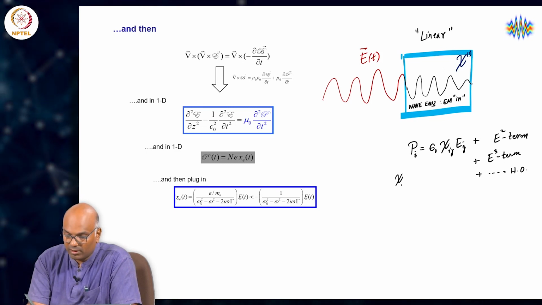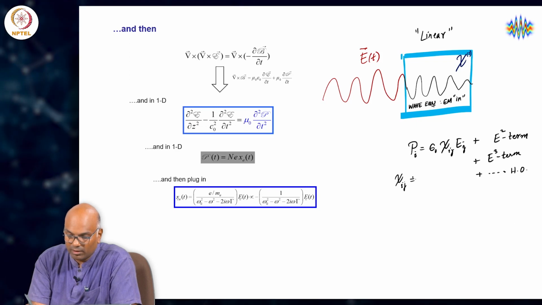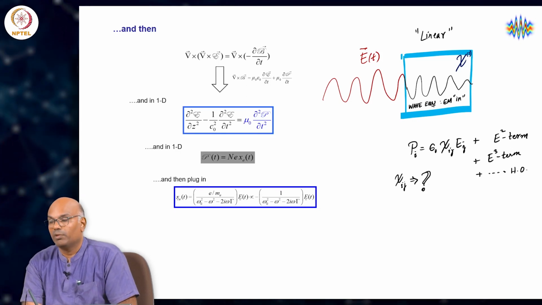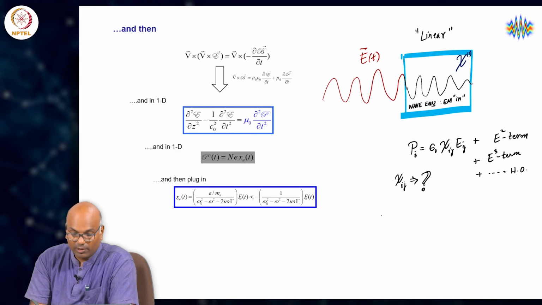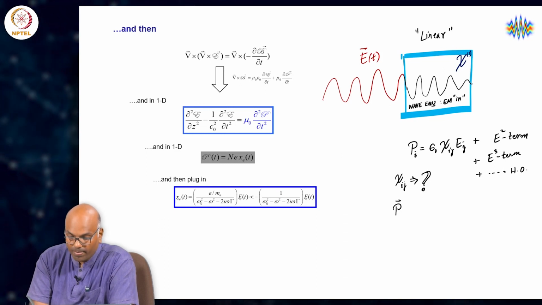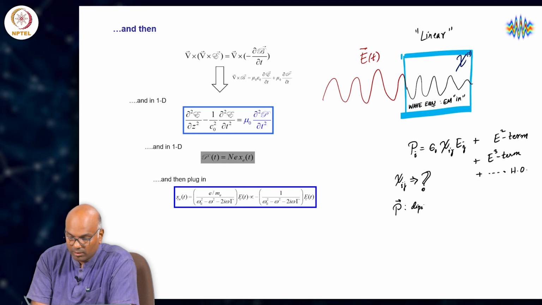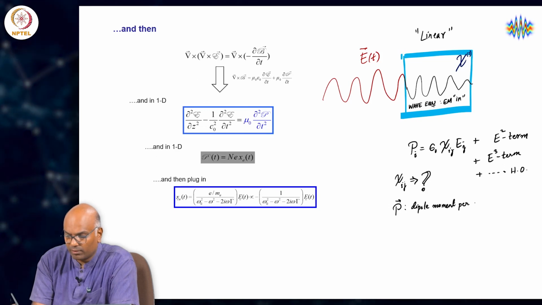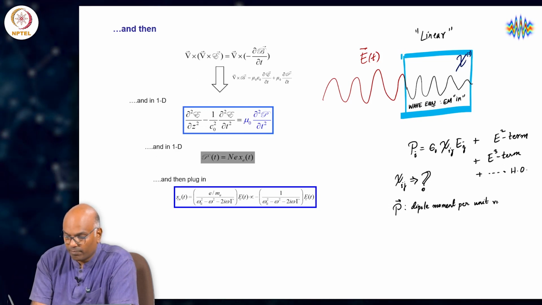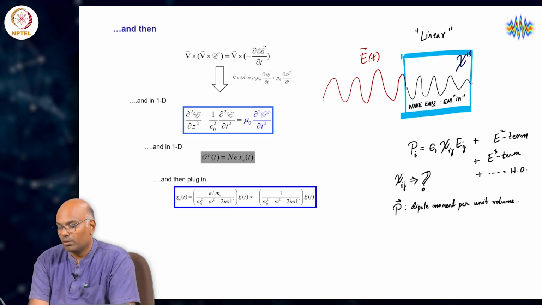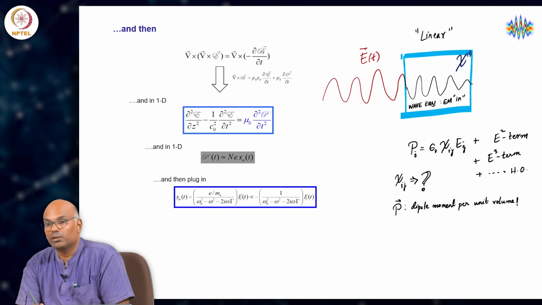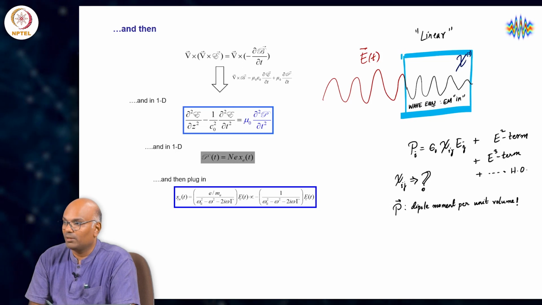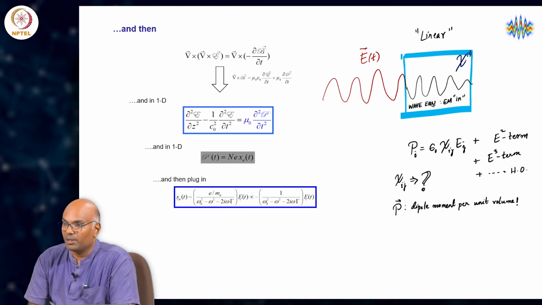But where does chi_ij come from? Where is the origin? Now, I told you that P is essentially dipole moment per unit volume, correct? Correct. But what is dipole moment? Dipole moment is nothing but the charge multiplied by the separation between the two charge centers.